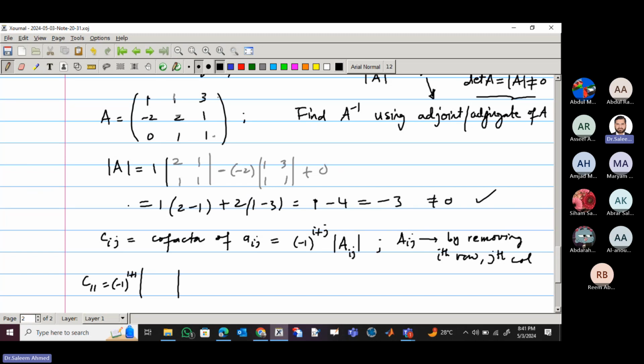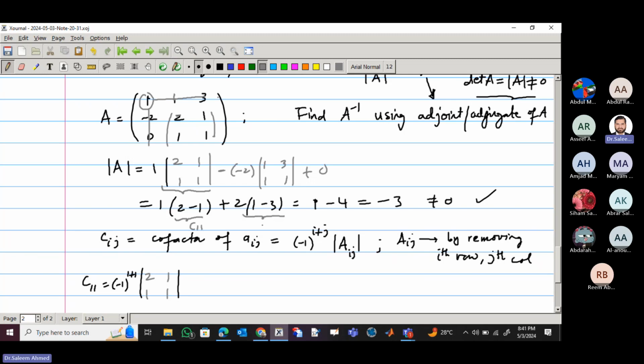So C11 is for A11. This is A11. Remove the row and column. This is the Aij matrix. So 2, 1, 1, 1. So this was basically the cofactor C11, which we did.